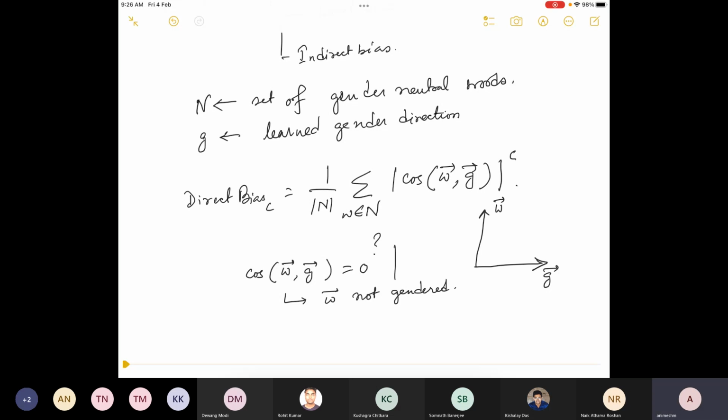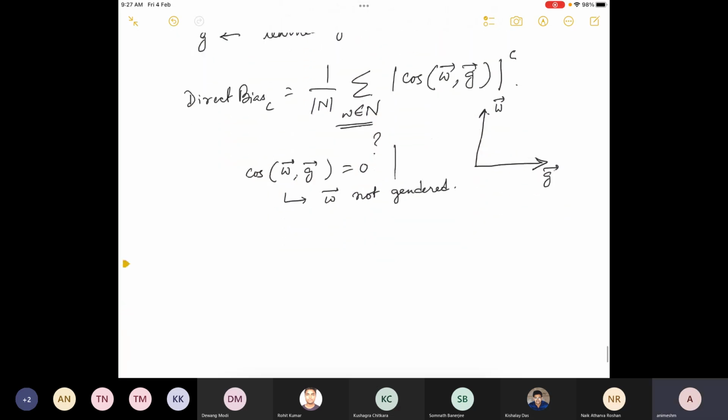So a word picked from these gender neutral words, if orthogonal to the gender direction, has absolutely no overlap with the gender direction, and therefore there is no gender component in it.